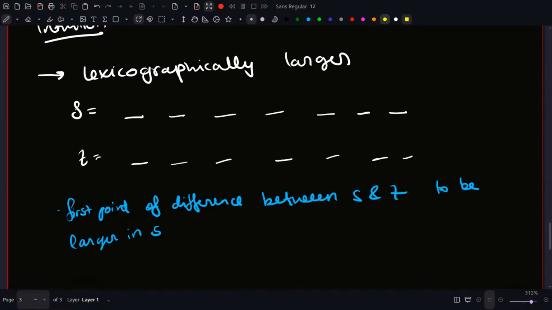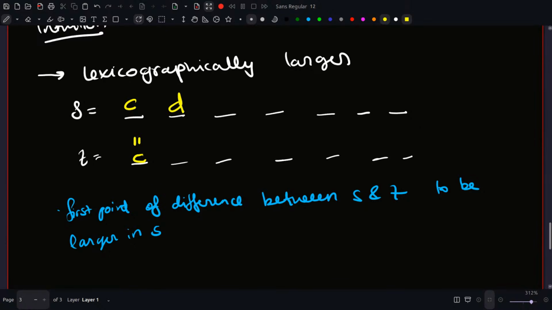So basically, when you go character by character from left to right, you consider the first character. It can have three options: S is greater than T at this position, S is equal to T at this position, or S is less than T at this position. If it's equal, say both are C, then we go on to the next position and check there.